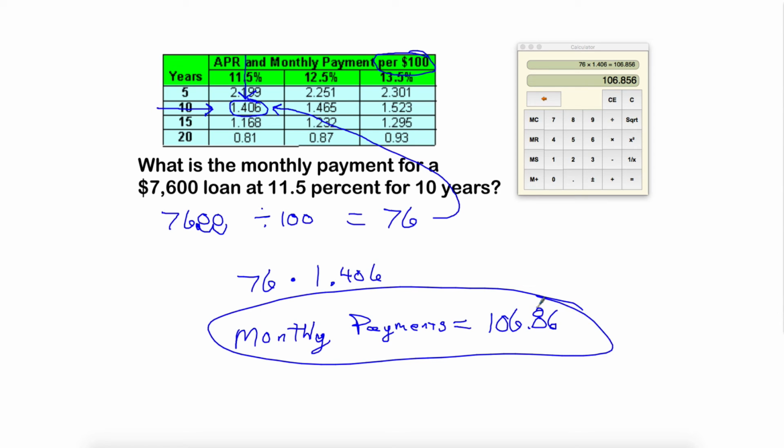And that's your answer. That's how you find the monthly payment. First, divide by 100 because it's per $100, and take whatever the answer is times whatever the chart says where you come together on the chart, and those are your monthly payments.